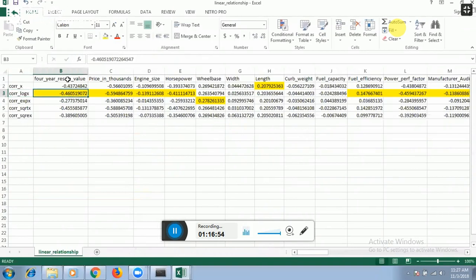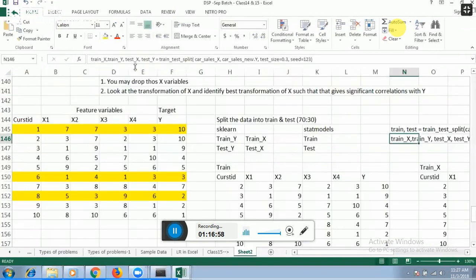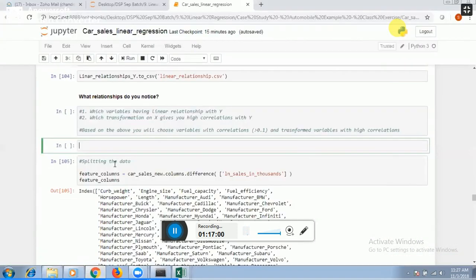the 4-year resale value. What I want to do is take a log transformation of 4-year resale value, which gives me the best transformation, right? So in car sales new, within that, a log of this variable. Now what do we need to take? You take a log, np.log, of car sales.